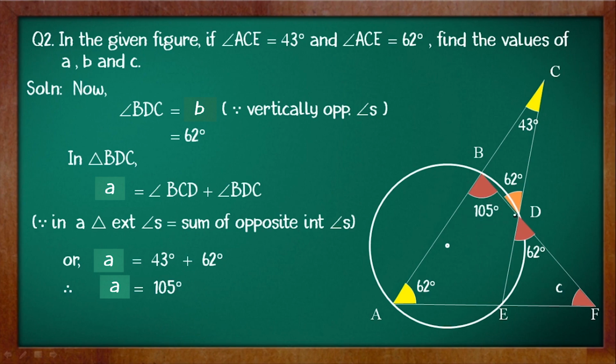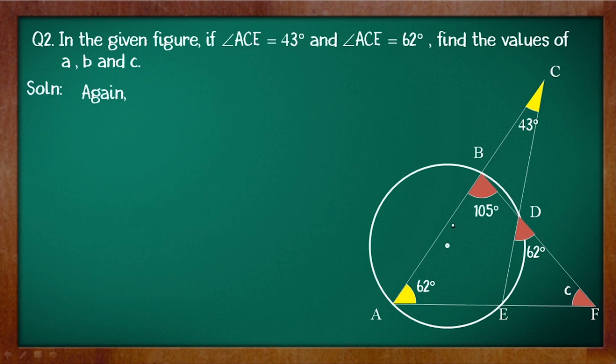Now let's solve for C. We know that ABD is a cyclic quadrilateral, because the vertices of this quadrilateral lie on a circle, and this angle here, DEF, is an external angle.